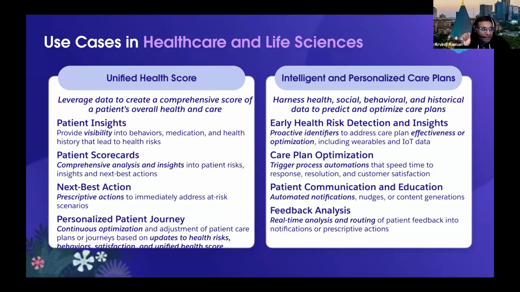This gives you patient insight into their behaviors, medication, and health history, giving a scorecard and providing the practitioner, health specialist, or doctor with the next best action. And then the patient themselves gets a personalized patient journey, which allows early health risk detection, care plan optimization, and patient communication.